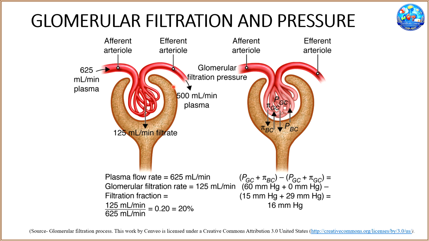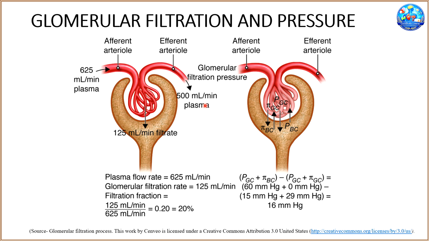Due to the high pressure here in the glomerular capillaries, a portion of the plasma is filtered down into this Bowman's capsule. So out of all this, around 125 ml of filtrate is formed per minute, and over 500 ml leaves through the efferent arteriole.